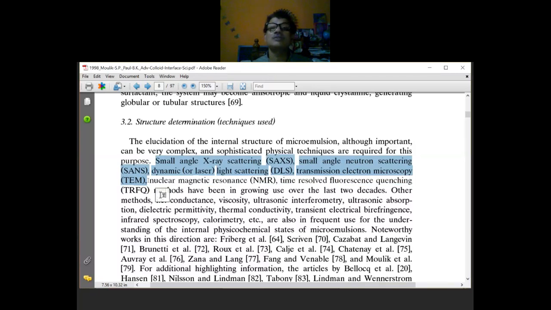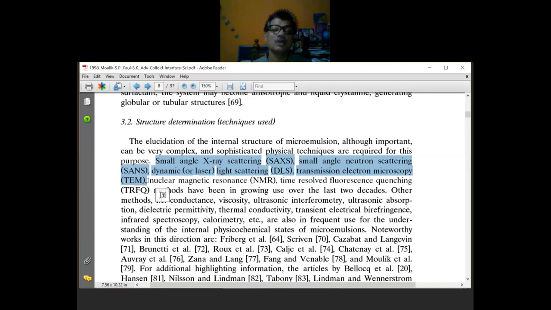If you could recollect, when I discussed about the nanoparticles, then I told about it. In your common classes in semester 1, I discussed like it works on the principle of Stokes-Einstein's equation. D, diffusion coefficient, is equal to kT by 6 pi eta R. If you could recollect, eta, pi, R. R means radius.